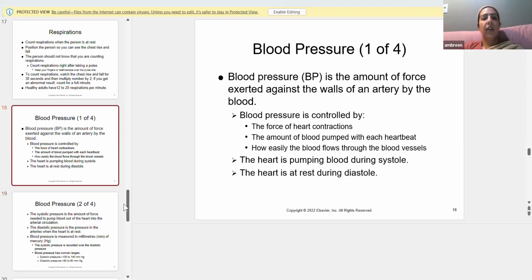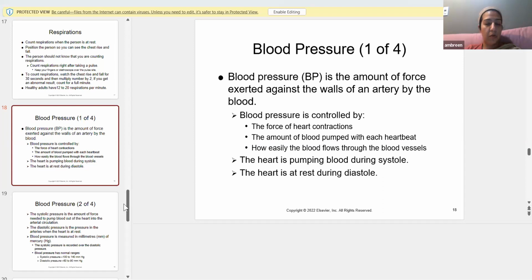Blood pressure is the amount of force exerted against the wall of an artery by the blood. Blood pressure is controlled by the force of heart contractions, the amount of blood pumped in each beat, and how easily the blood flows through the blood vessels. The heart is pumping blood during systole. The heart is at rest during diastole.